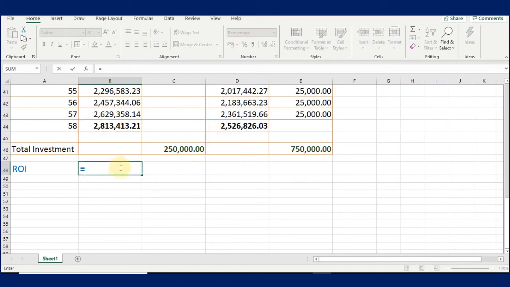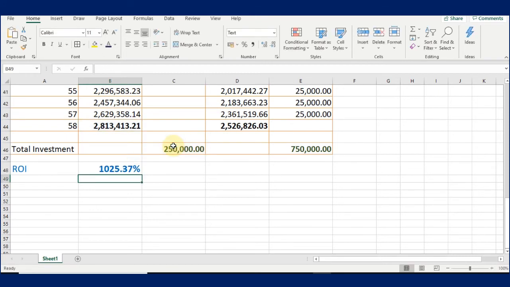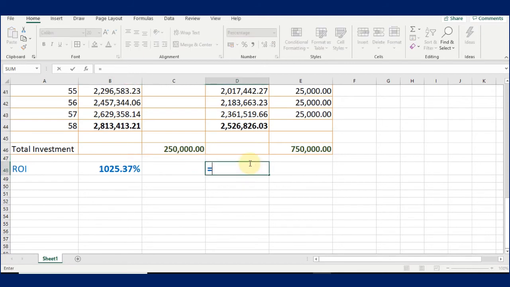Let us compute the return on investment. So what do you do? The profit, right? This minus her total investment and then divided by the cost, which is again C46. So Alice has 1,025.37% on her investment, whereas for Bob, let's do that again.